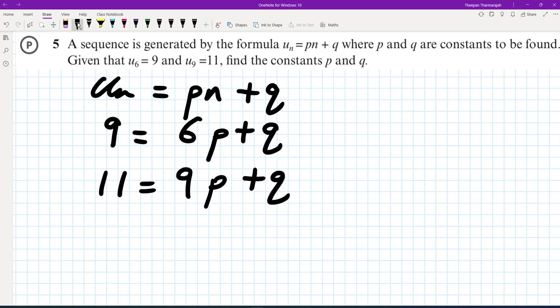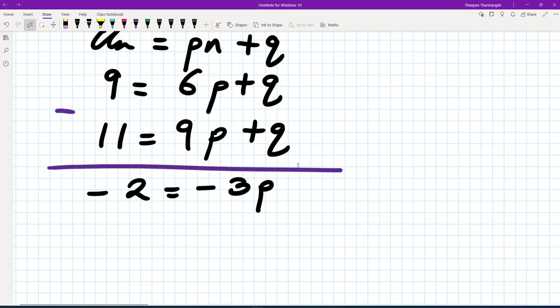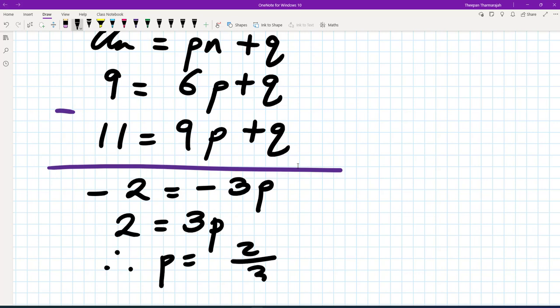Now we solve the simultaneous equations. We subtract, just like we did in the example, so we get minus 2 equals minus 3p. They say they're constants, that does not say they're integers, so we can get fractions as our answers. So 2 equals 3p, and therefore p is 2/3.